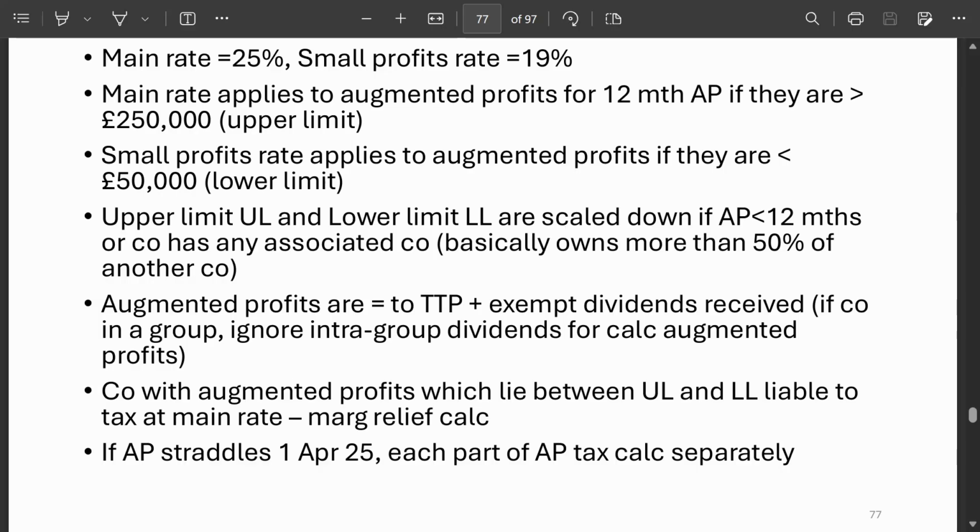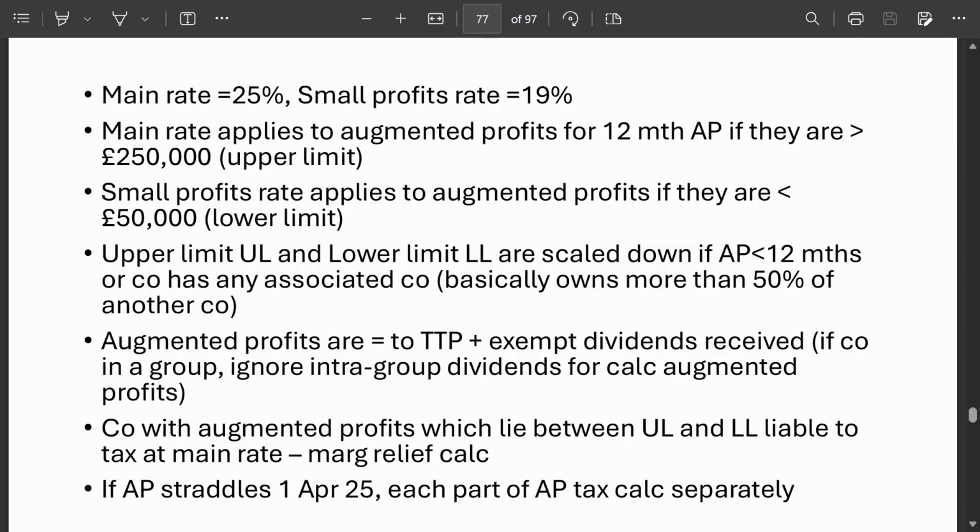All this stuff, the definition of augmented profits, you need to remember. Augmented profits is taxable total profits plus exempt dividends, which is basically all dividends are exempt, but you have to ignore the intra-group dividends. So let's look at what actually happens. You get these 2 rates, and you have these 2 limits, upper and lower.